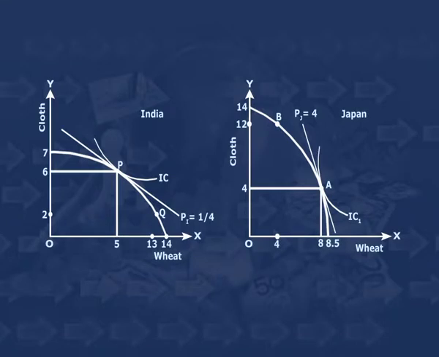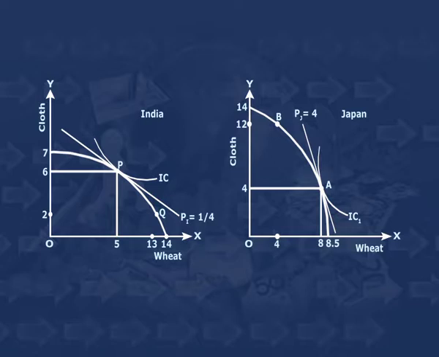Wheat is measured on the x-axis and cloth is measured on the y-axis. Let us now take the case of India. India is in equilibrium at point P, where its highest possible indifference curve IC is tangent to its production possibility frontier. We can say that India produces and consumes at point P.